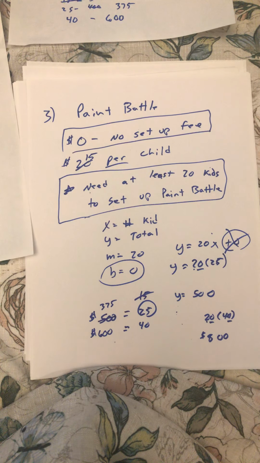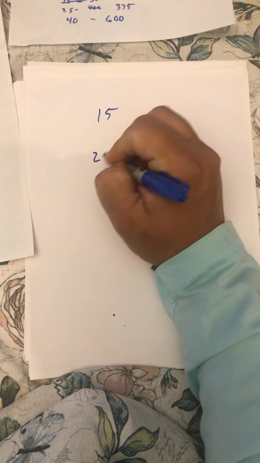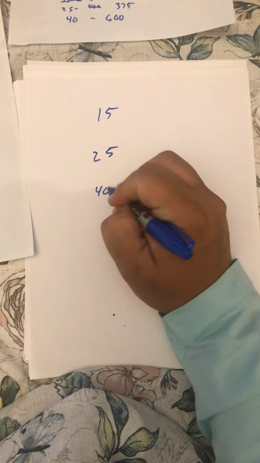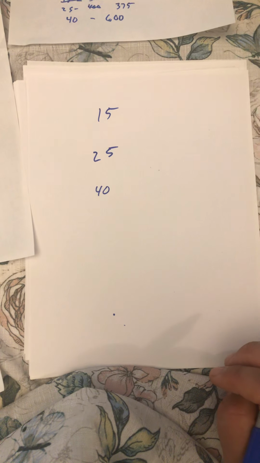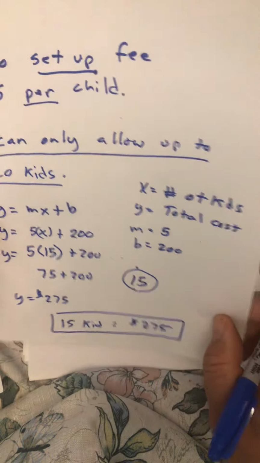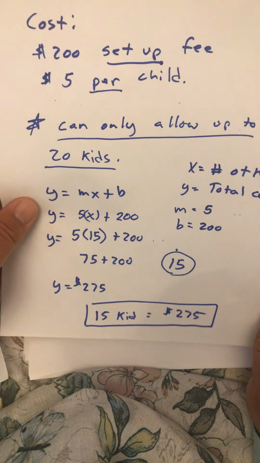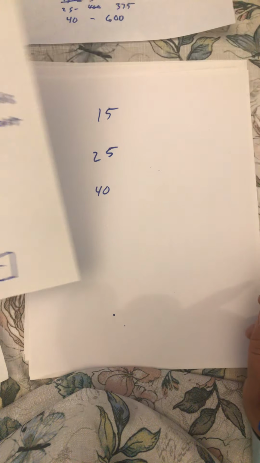So now we got to figure out what's the best example for the amount of kids. So we have if 15 kids show up, 25 kids show up, or if we have 40 kids show up. So we know the mobile kids can only be for 15. So the video games for 15 kids is 275.